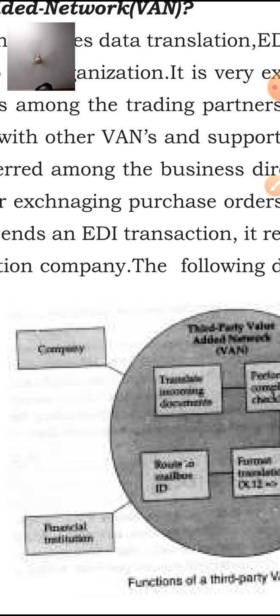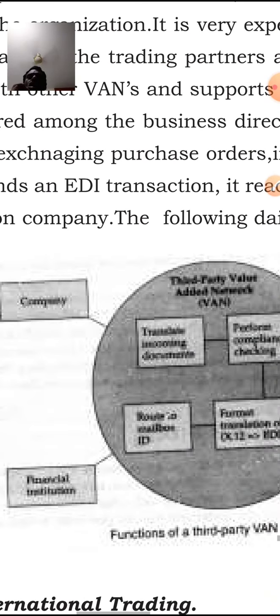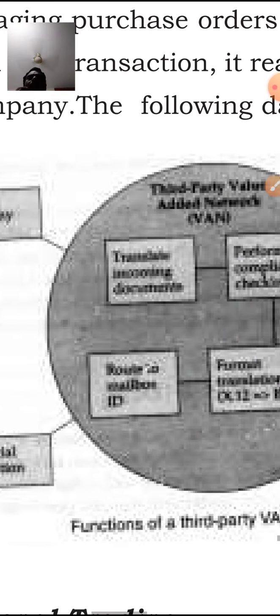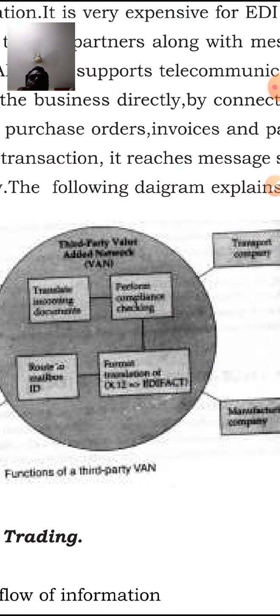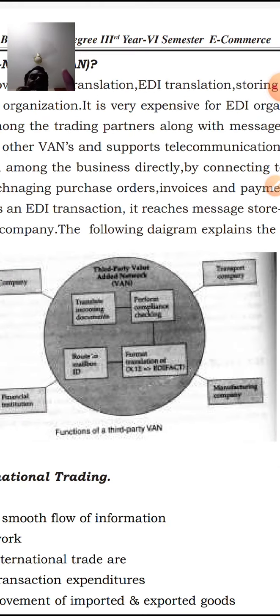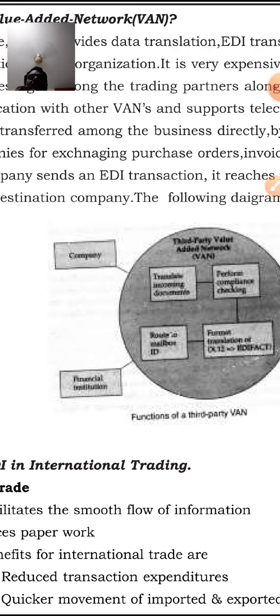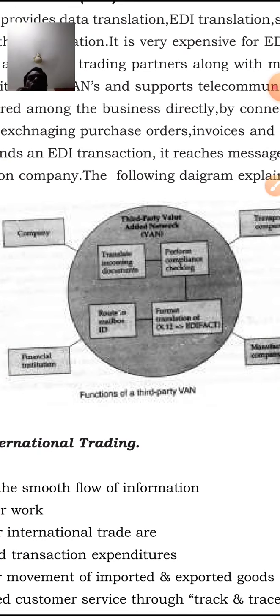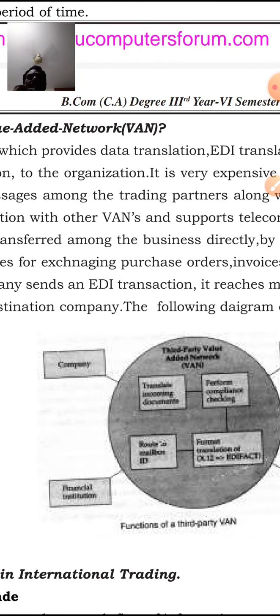Like that, with the help of the value added network, the transportation companies, manufacturing companies, customers, sellers and buyers are all connected through the VAN, and they exchange business information from one source to another, from one end to the other end, with the help of the third party.